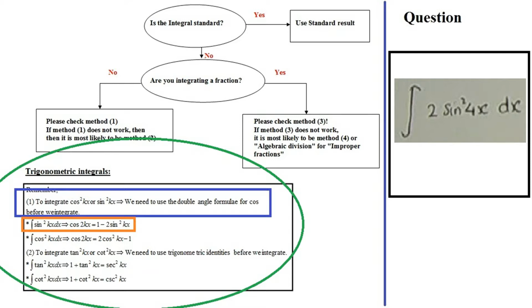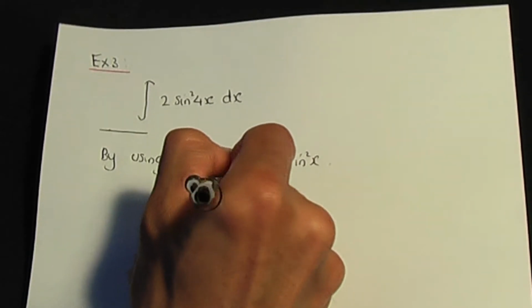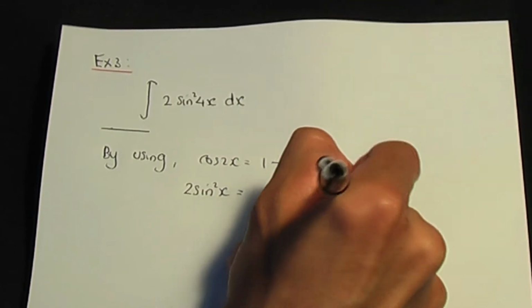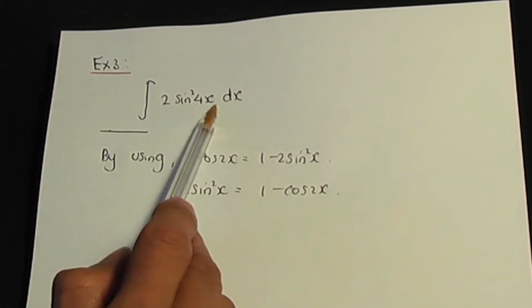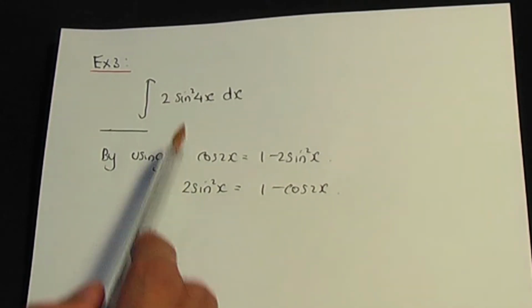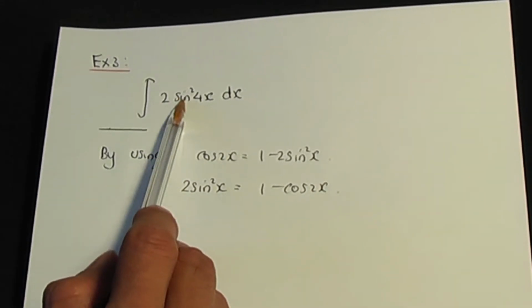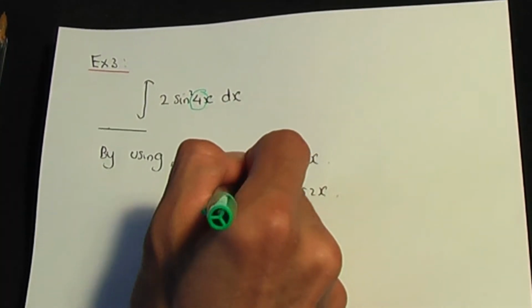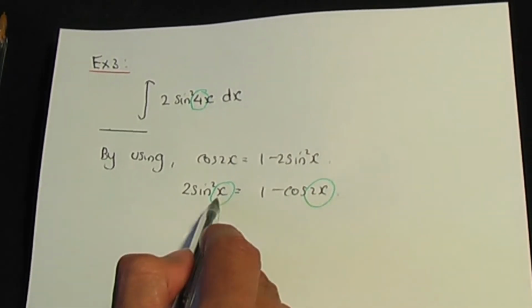Okay, so back to the paper and pen. When we rearrange, 2 sine squared x is 1 minus cos 2x. So if we look at our integral in the question, I have the 2 here, so that's no problem. But I have sine squared 4x. To get that 4 here, we just need to multiply the angles in our identity by 4.